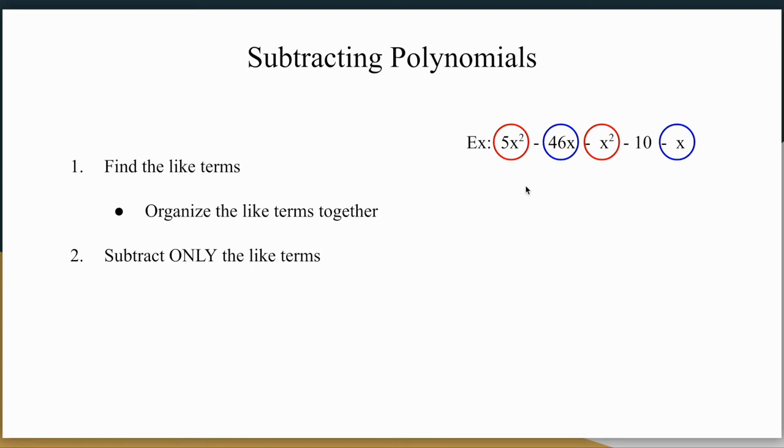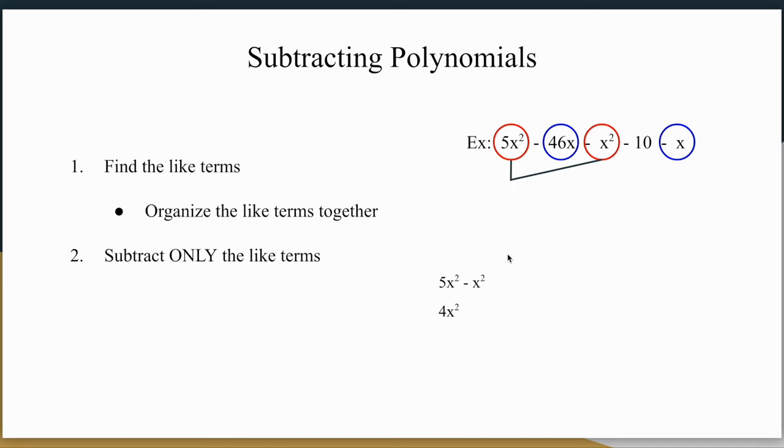Okay, so we're going to start with 5x squared and x squared. Now for them, we're going to say it's going to be 5x squared minus x squared. So we're going to leave the exponents and the variable alone, and we're only going to deal with the number in front of that variable, which happens to be 5 and 1. And what's 5 minus 1? It's 4. And we're bringing down the x squared, we get 4x squared.